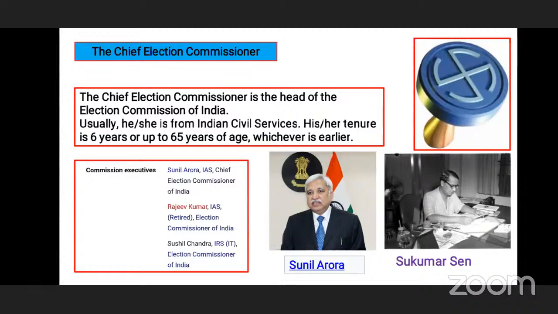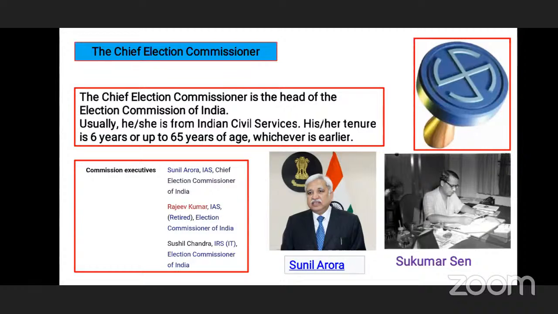First one is Sunil Arora, IAS, the Chief Election Commissioner of India. The second one, Rajiv Kumar, IAS, Election Commissioner of India. Sushil Chandra, IRS, Election Commissioner of India. These 3 members are election commissioners.